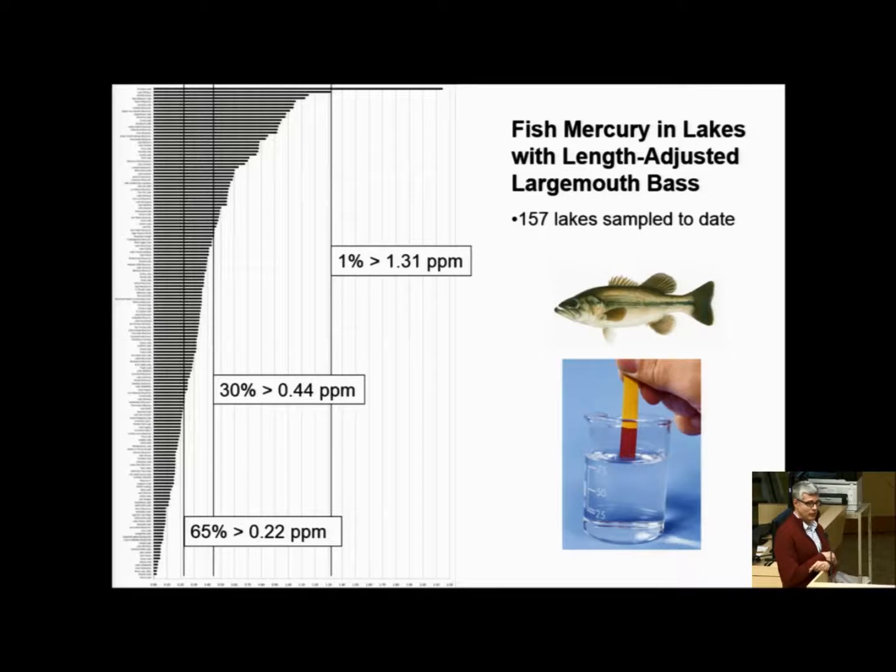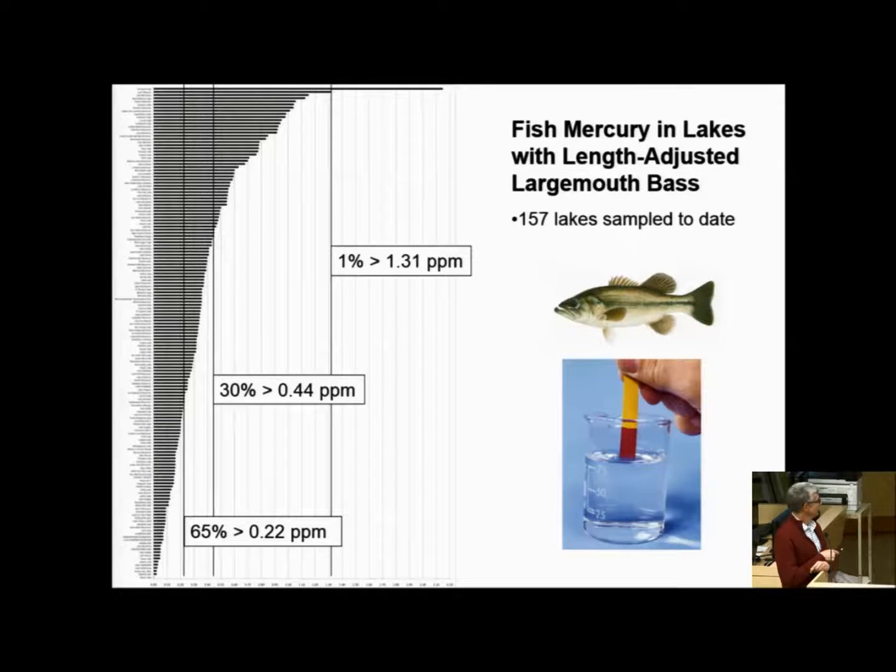Mercury accumulates over the lifespan of an organism, so how big the fish that you sample is really important in determining the concentration. So it's really important to adjust what you measure to take that size into account. We have a technique where we can estimate the concentration for a 350 millimeter bass, and that's the index that we use to compare lakes.